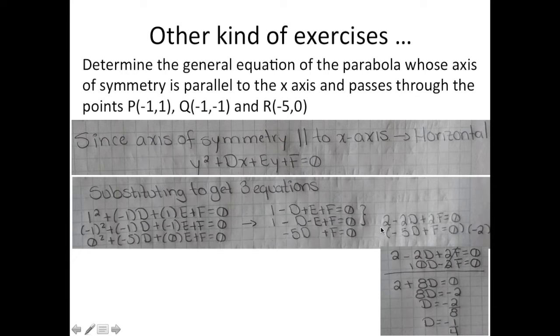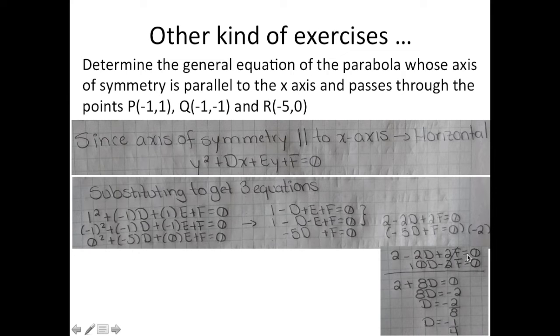And now I take this new equation and I take this one that I haven't used out of the 3 equations, and now I need to eliminate another variable between these 2. I'm going to eliminate, in this case, letter f. To eliminate f, guys, I need to multiply this equation by -2. So if I multiply -5d plus f equal to 0 times -2, I'm going to end up with 10d minus 2f equal to 0.